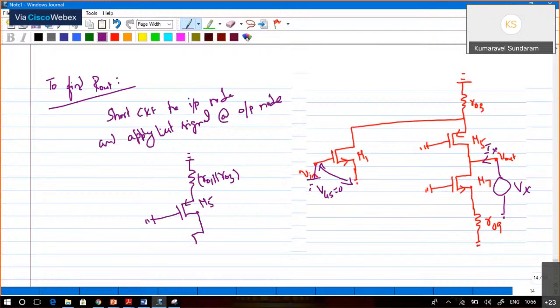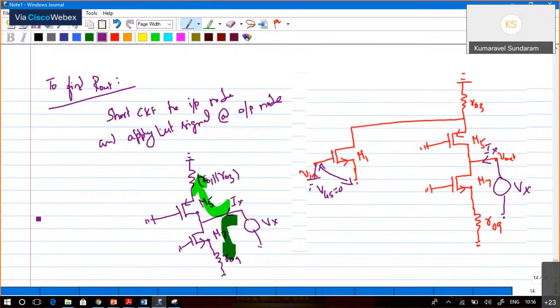So here you are applying Vx and Ix. So here looking up and looking down.